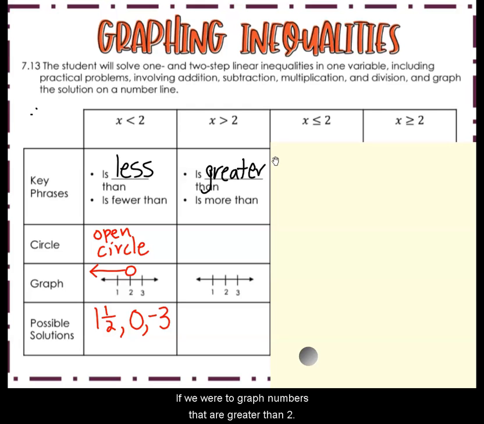If we were to graph numbers that are greater than 2, I would make my line to show any number in the number line that's greater than 2. And again, I'm going to use my open circle because it only is true for values that are greater than 2 and not 2 itself.